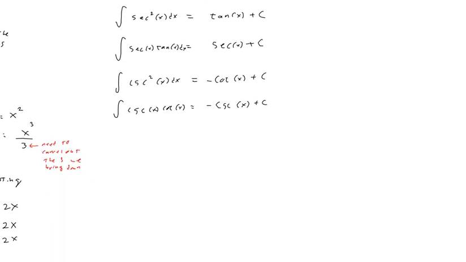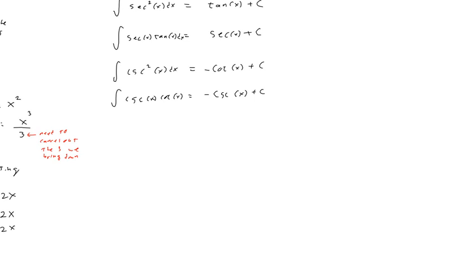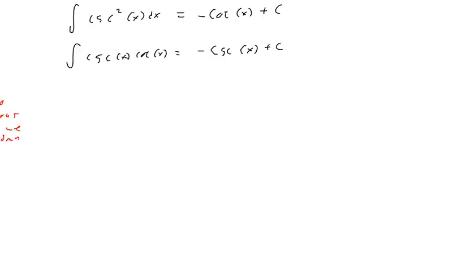Let me give you one more example here. What if I have something like this? Let's do the integral of 2 cube root of x minus 5 cosine of x plus 6 dx.